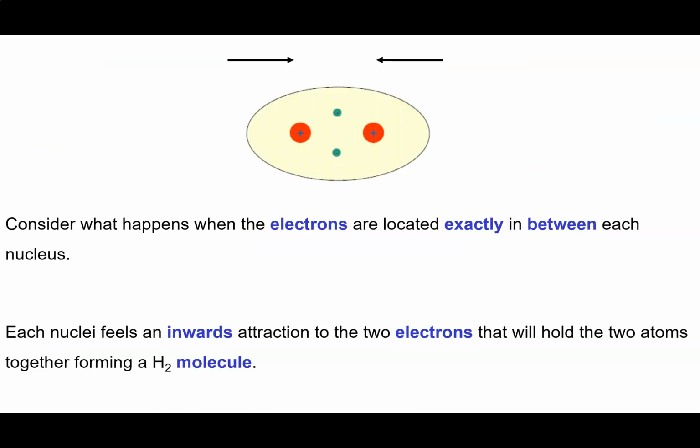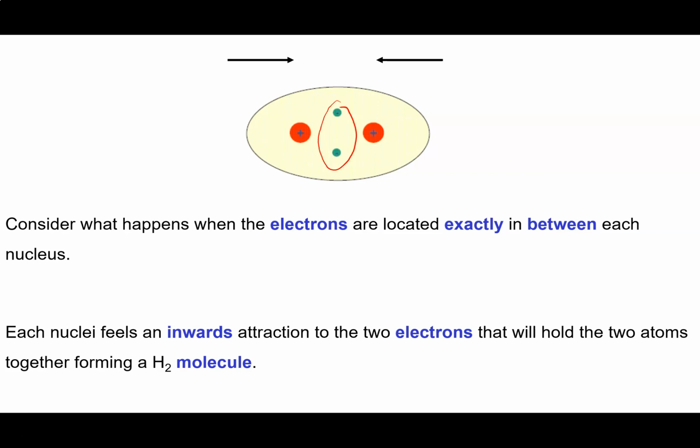So let's see what happens when they do that. When these two atoms come together, the orbitals that their electrons are in overlap, and what we find happens is that the electrons always end up sitting exactly halfway between the two nuclei in that little bit of space in there. And then the atoms get stuck.